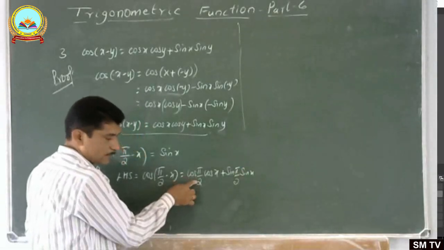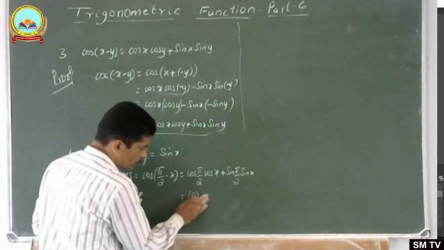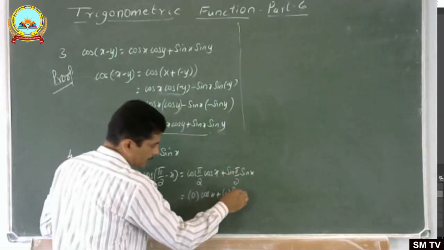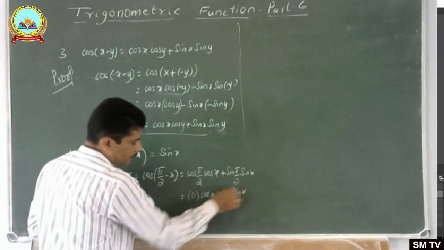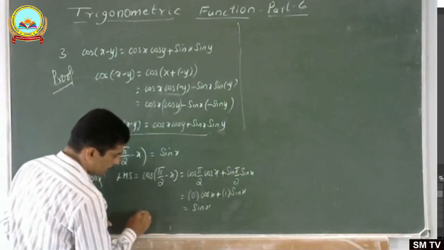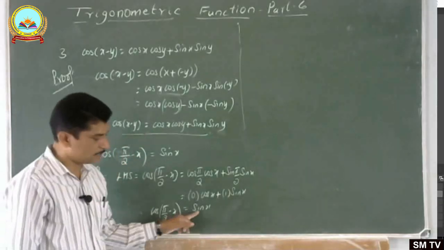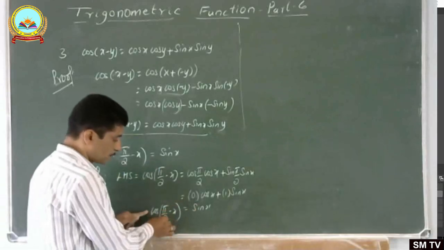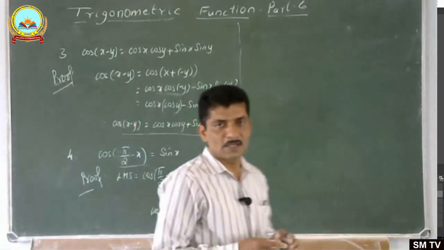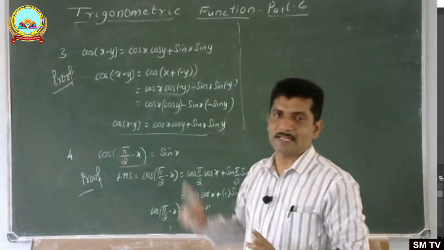You know the standard angle values for pi by 2: cos pi by 2 means 0 into cos x, plus sin pi by 2 means 1 into sin x. 0 into cos x is 0, plus 1 into sin x means sin x. Therefore, cos of pi by 2 minus x, that is cos of 90 minus x, is equal to sin x. It is the fourth result.